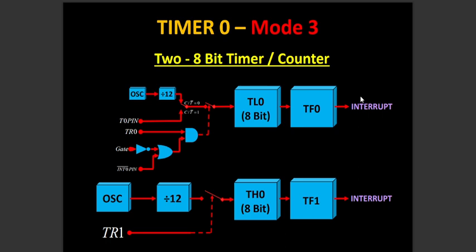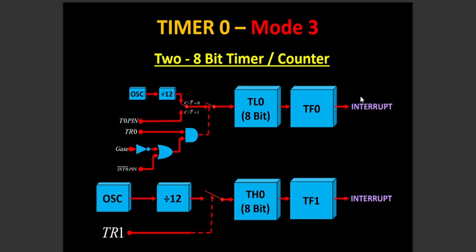The meaning of the gate bit in timer 0 and timer 1 for mode 3 is as follows. It controls the running of the 8-bit timer/counter TL0, as in mode 0, mode 1 or mode 2. The running of TH0 is controlled by the TR1 bit. So the gate bit in this mode for timer 0 has no specific role.